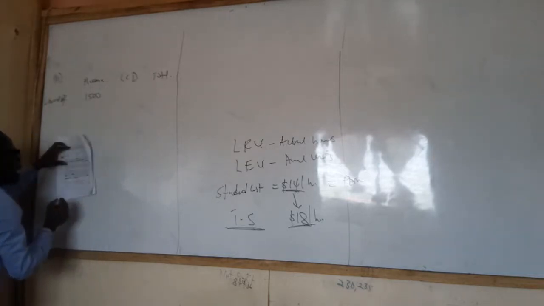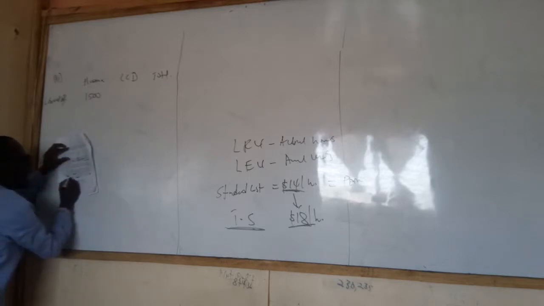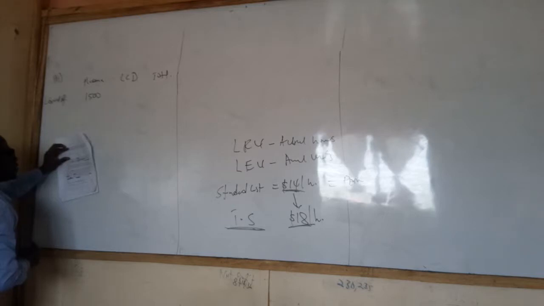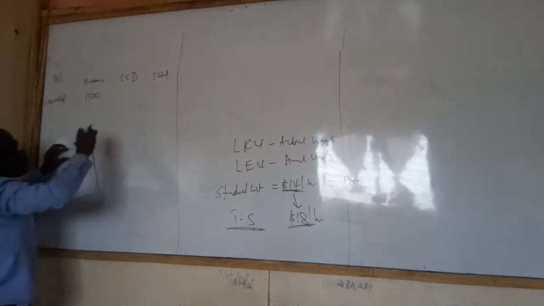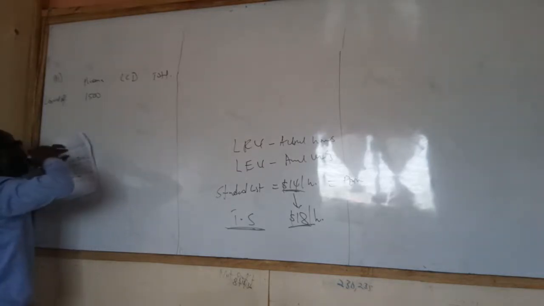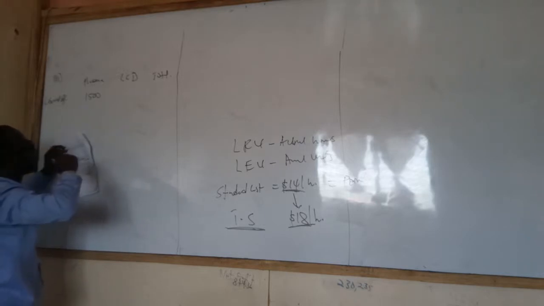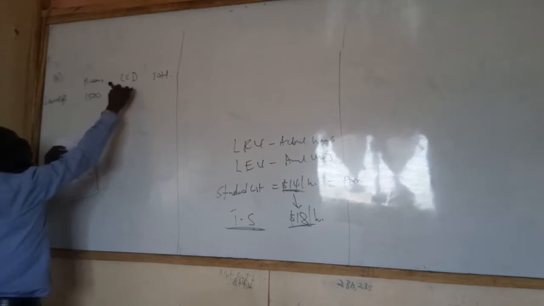LCD, how many did we produce? 650, right? What is the hours they use per unit? 1.5. So 650 times 1.5, what do we get? 975.